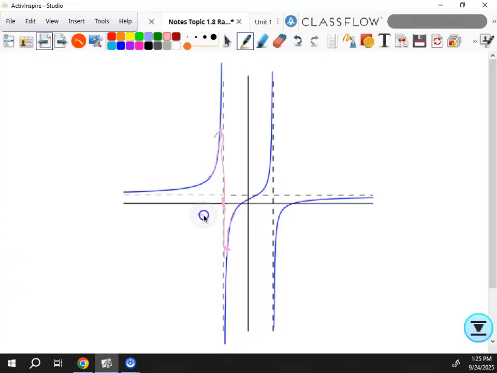Let's pretend like that's at -2. All right, so that would mean that in the denominator, I would have an x plus 2, and it would not be squared. Okay, if I have this, then in the denominator, I would have x plus 2, and it would be squared because that's when it's double.